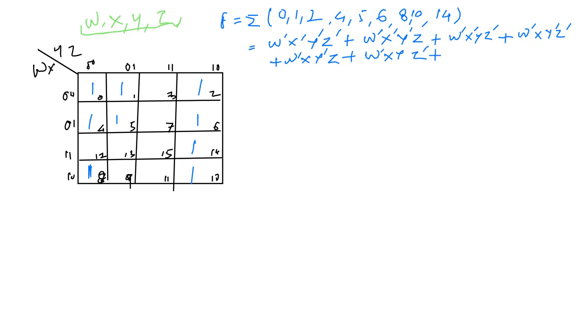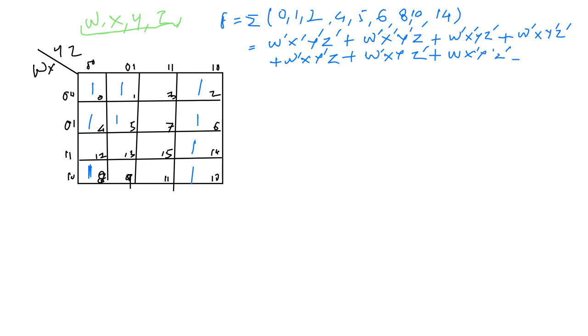Why am I writing this? I want to show you how simplification will make your function easy, small and presentable. This is 6, right? Now regarding 10, it is 1 0 0 0, so it will be w x dash y dash z dash.